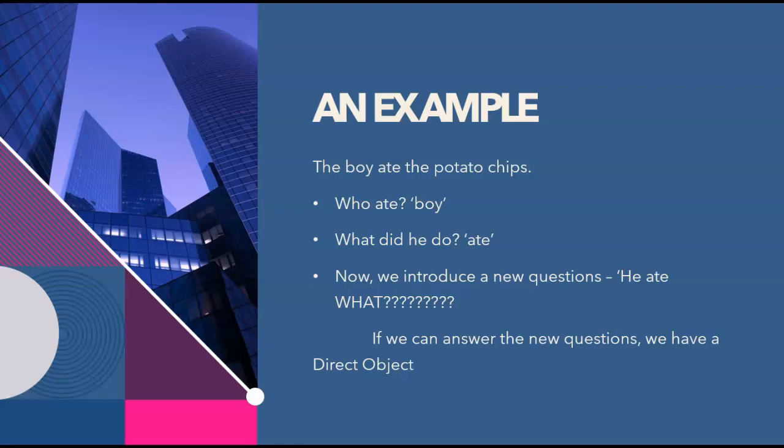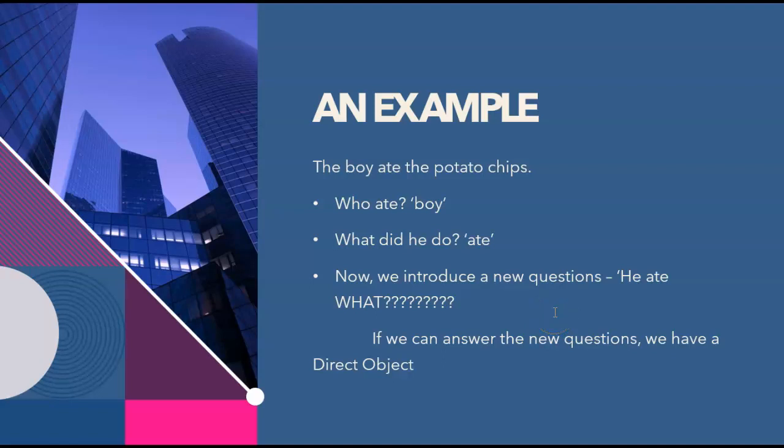We ask all of our same questions. We're just going to add a new one. So first, we want to say who ate or what was the boy doing? And we know that our answer is boy. We want to ask, what did he do? We know that he ate. But here is our new question.